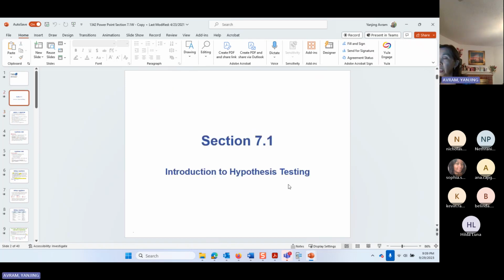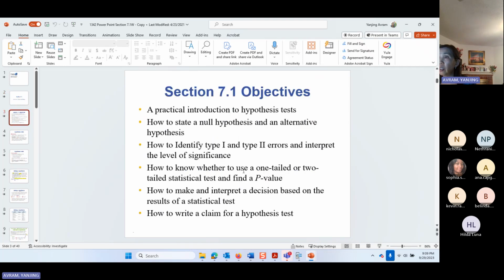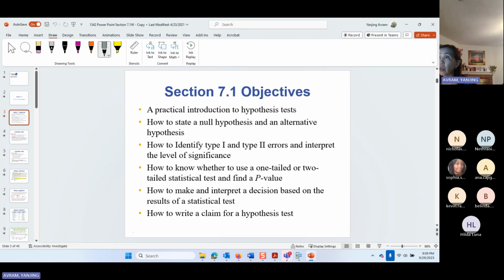You can do a hypothesis test for pretty much everything. We have an introduction to the hypothesis test. When you do the hypothesis test here, you're going to have to identify the null and alternative hypothesis.